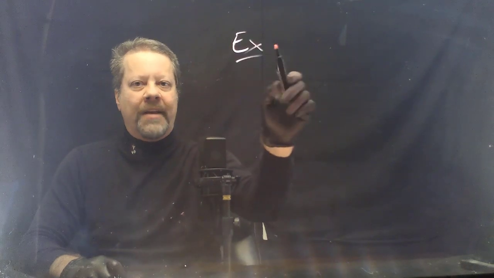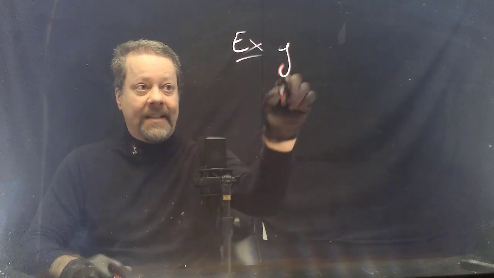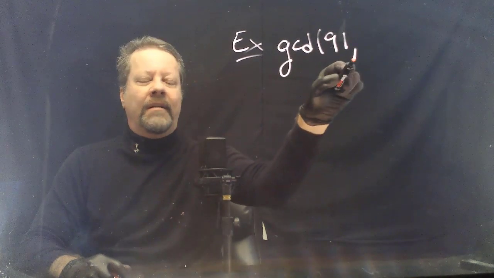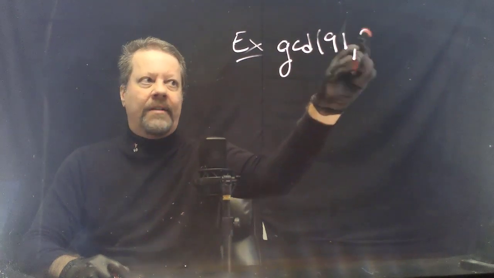I'll show you how this works by illustrating an example. Suppose we're looking for the greatest common divisor of 91 and 287.